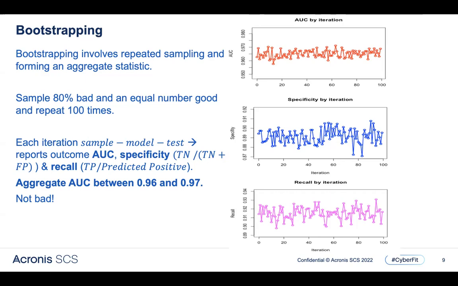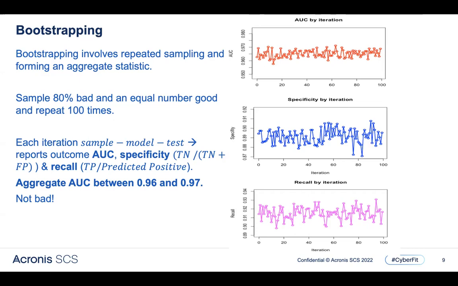We fix the percentage of the bad ones, not the numbers. So we repeat the experiment each time. We sample 80% from these 6,700 odd bad ones, and we sample at random a similar equal number of good ones, and repeat the process 100 times.